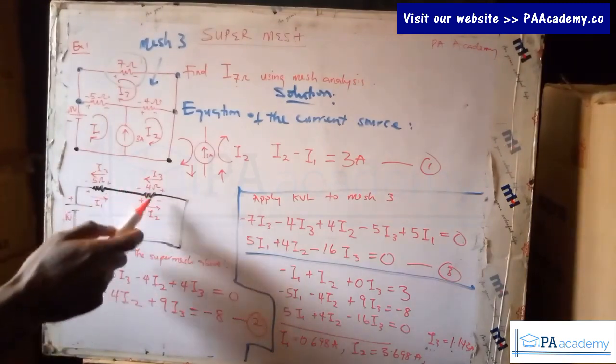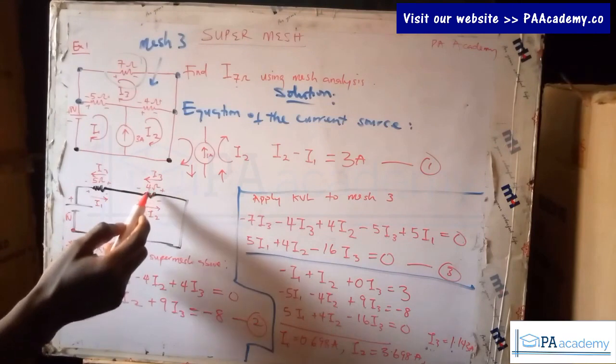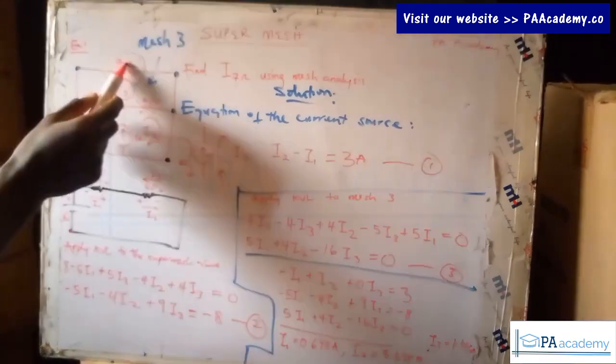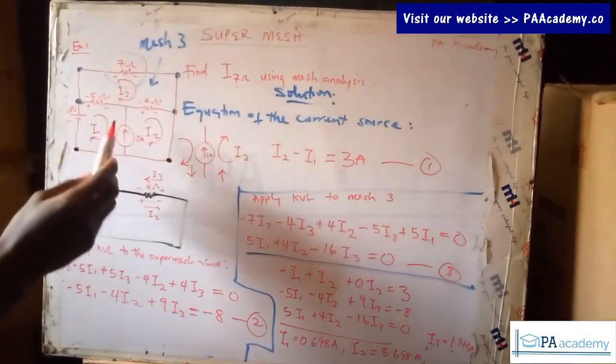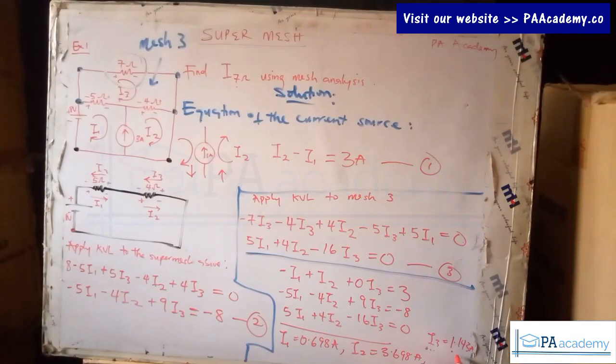From this mesh circuit, we have I2 and I3 flowing through the 4 ohm resistor. We have I1 and I3 flowing through the 5 ohm resistor. But for the 7 ohm resistor, we only have I3 flowing. So that means the value we got for I3, which is 1.143, is the current that is flowing through the 7 ohm resistor.